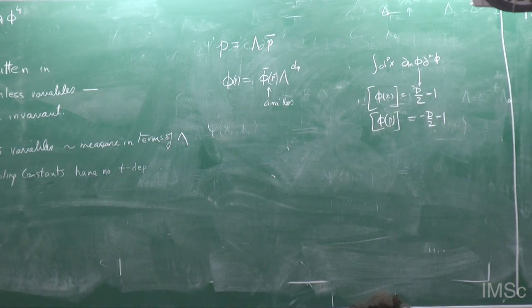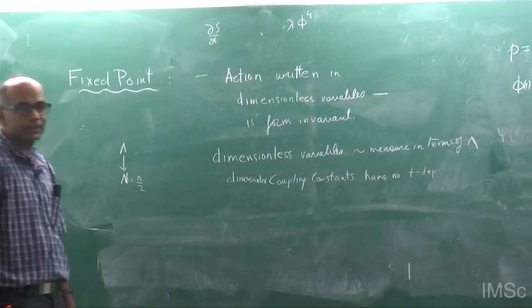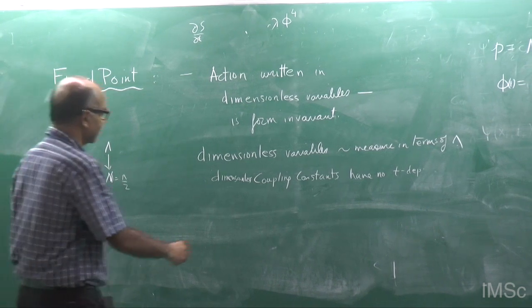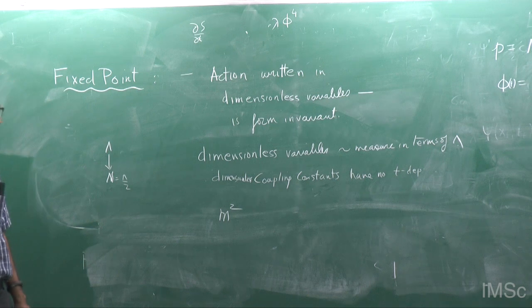Okay, so at a fixed point, these dimensionless couplings remain the same. After you iterate once, you rescale everything, and it has the same value. So as an example, the most interesting example is things that have dimension, like m squared. Let's see what happens to m squared.